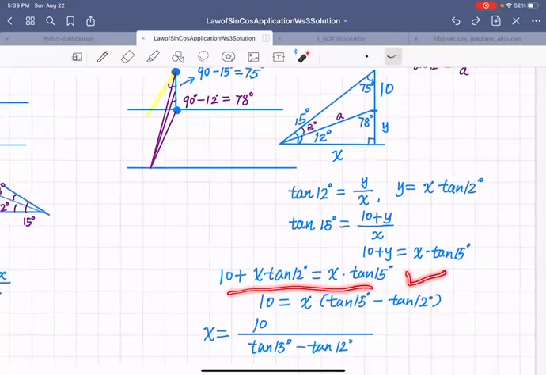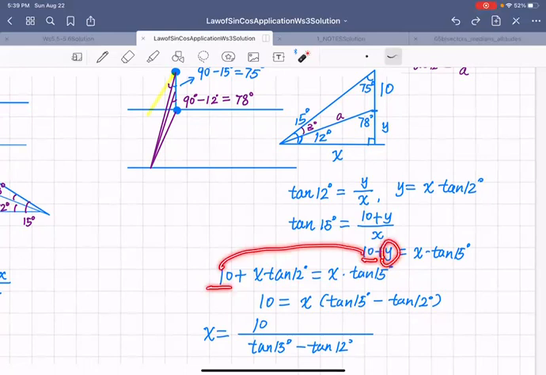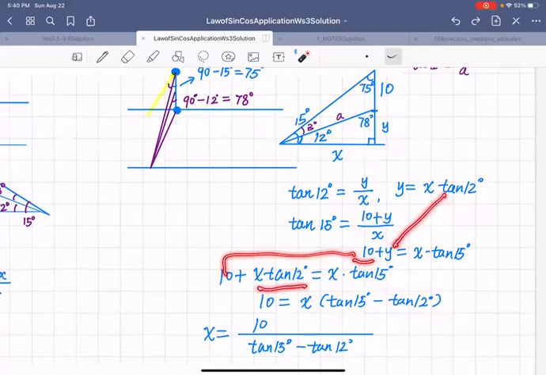No? 10, you copy down. y, you replace. Yes or no? Still no? Seriously? 10, you copy down. y, you replace. Okay?